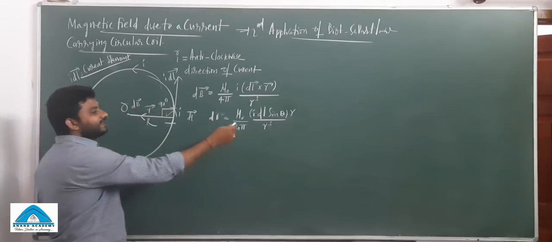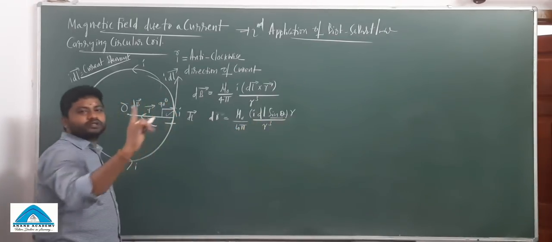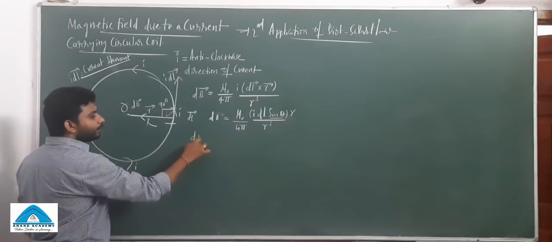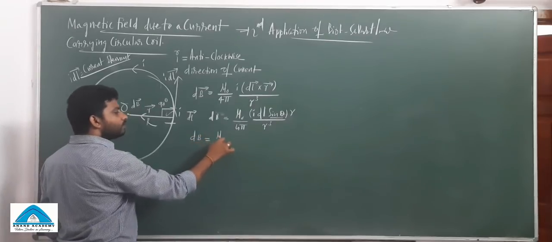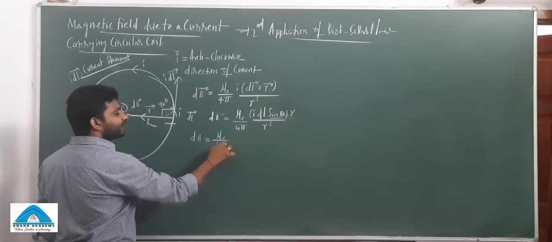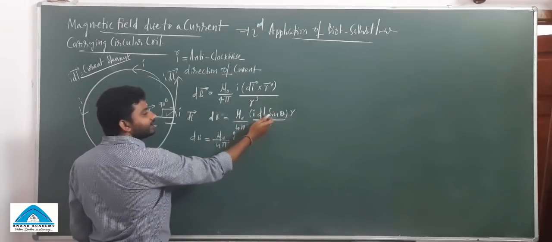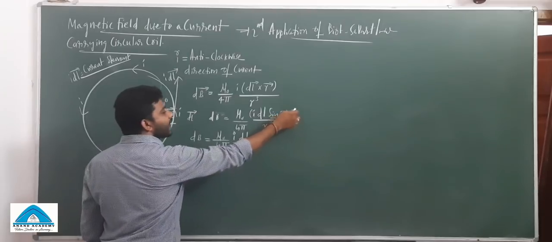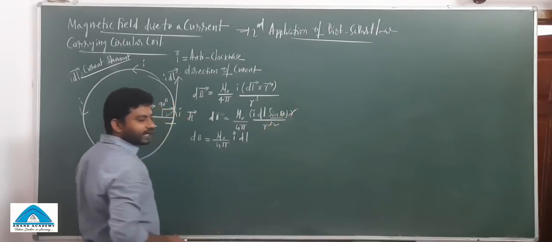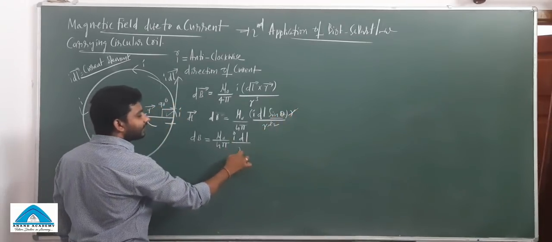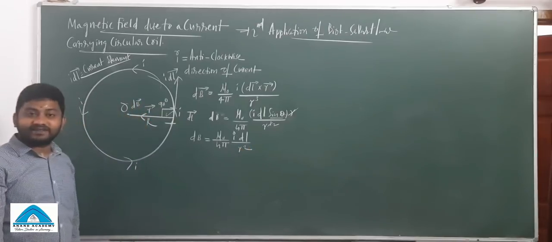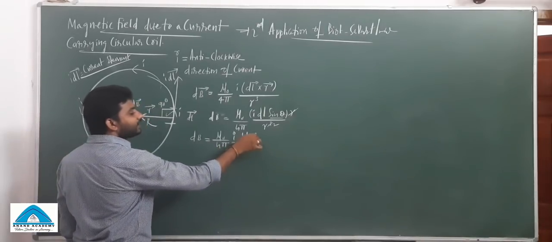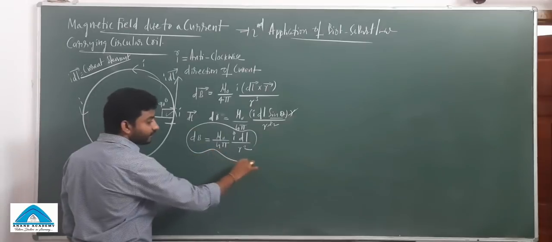What is sin theta? Here sin 90 degrees, which is 1. So your dB value is equal to mu naught by 4 pi into I dl by r square, as sin 90 is 1 and r and r cancel.